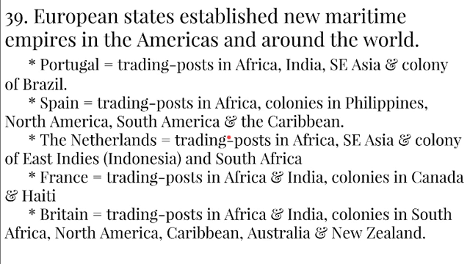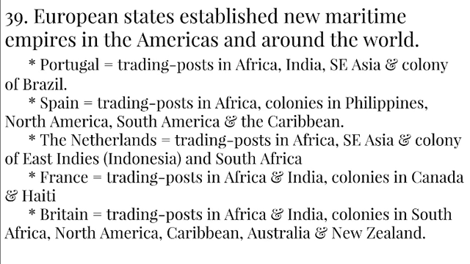All right, so the land empires are big and bad, but the European maritime empires are going to grow in size and wealth and power. Portugal, of course, is going to have a whole bunch of trading posts, but their main colony is going to be Brazil. Those sugar plantations are going to pump a lot of money into Portugal. Spain is going to have territories everywhere, but the main ones are going to be the Philippines, right, in Southeast Asia, the territories in South America, right, Latin America, and the Caribbean.